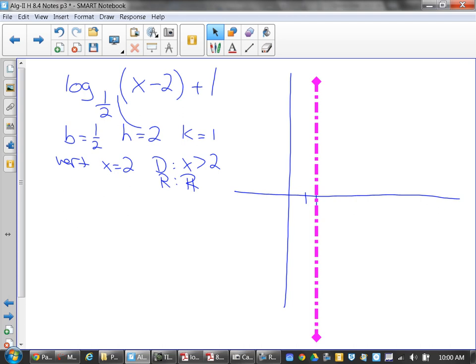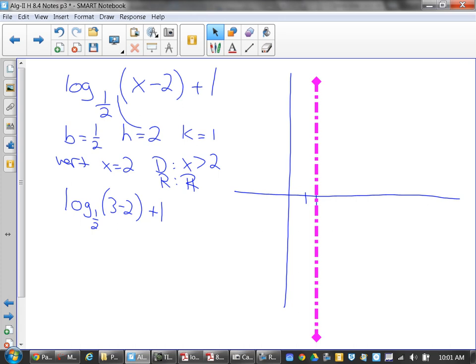But the points that I have don't reflect that. I don't know if I got the wrong points. Let's look at it. What are we using to start with? 3. And then you get 4. So at 3, if we use log base 1/2 of 3 minus 2 plus 1, this means log base 1/2 of 1 is what?